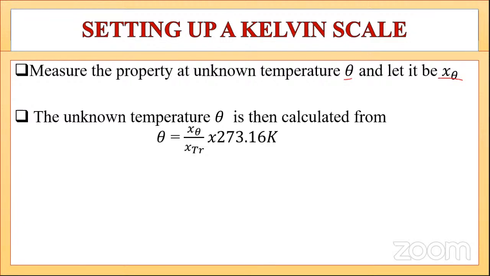Then from there, the unknown temperature theta is calculated from theta equals X theta over XTR times 273.16 Kelvin. That is, you will have successfully established a temperature scale.